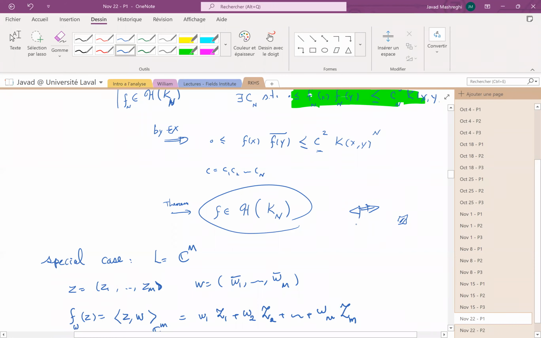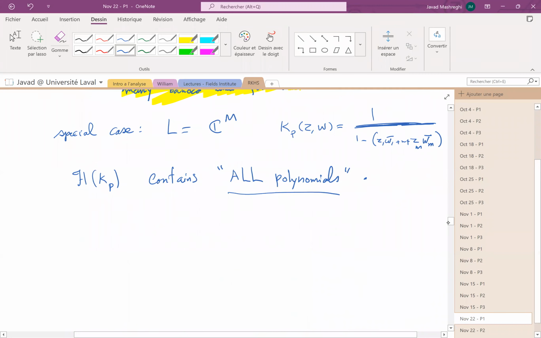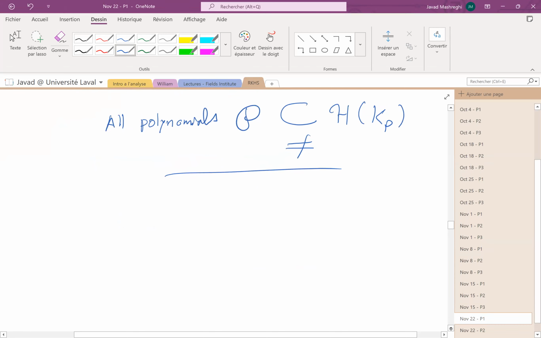I mean, just these products and then their sums. But when we go to the infinite dimensional case, it contains them, but there are more. In other words, all polynomials, call them P, is in H(K_P), but not equal in this case. So that's an important space, which is the topic of this week.